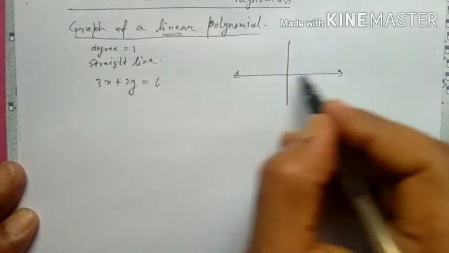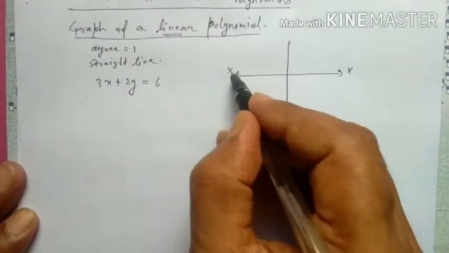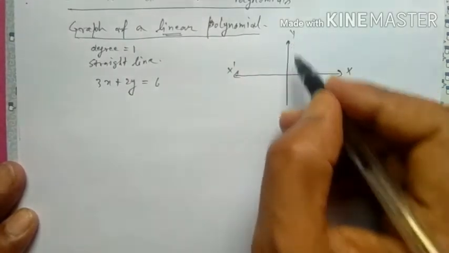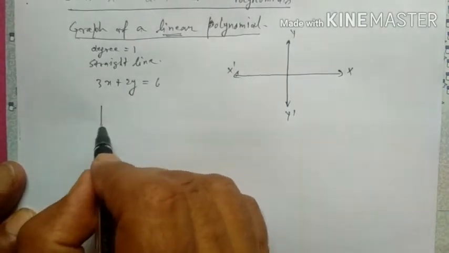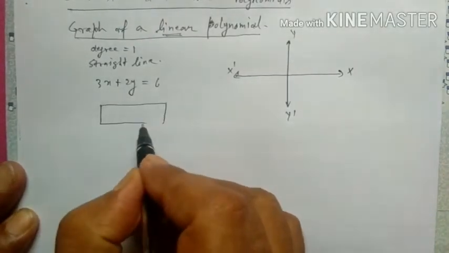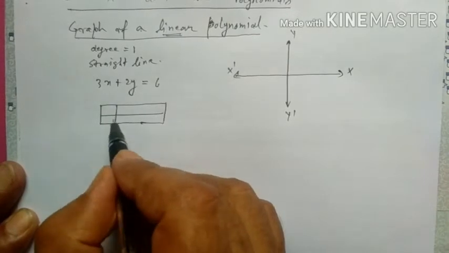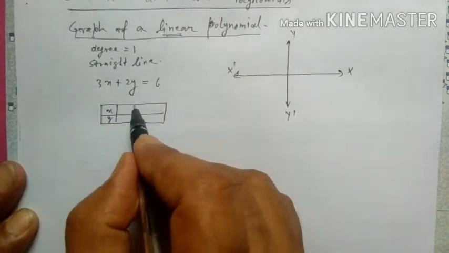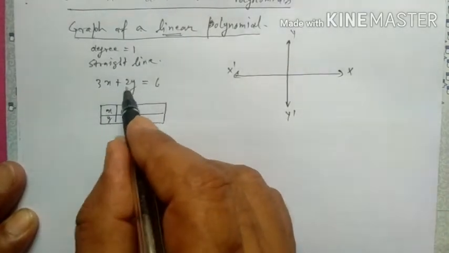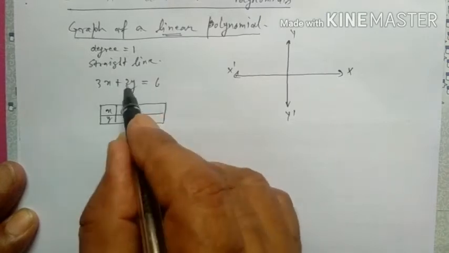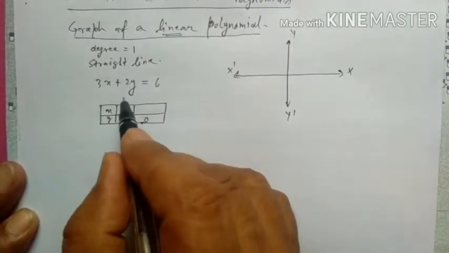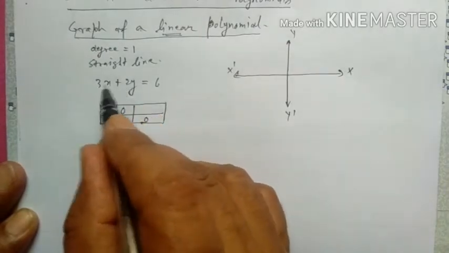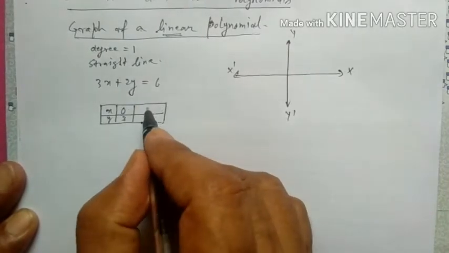Take the x axis, x and x dash, and the y axis, y and y dash. We will take some points x and y. When x equal to 0, then 2y equal to 6, y equal to 3, and when y equal to 0, then 3x equal to 6, x equal to 2.